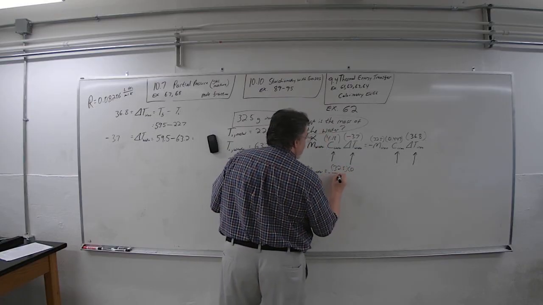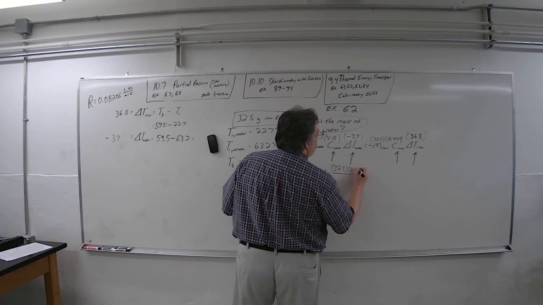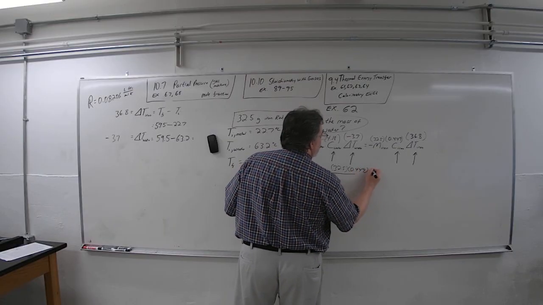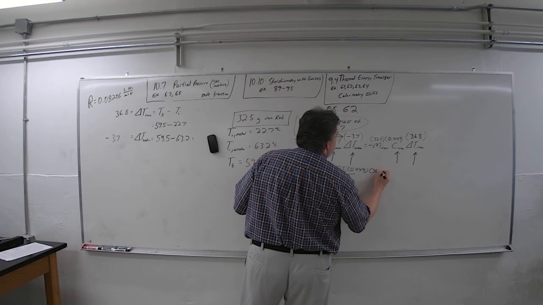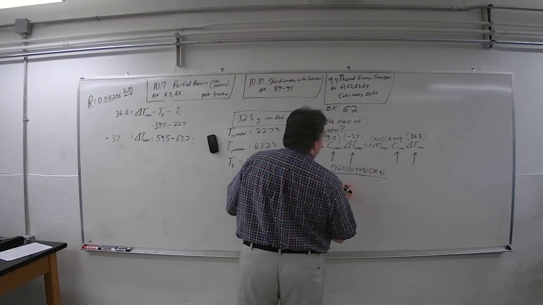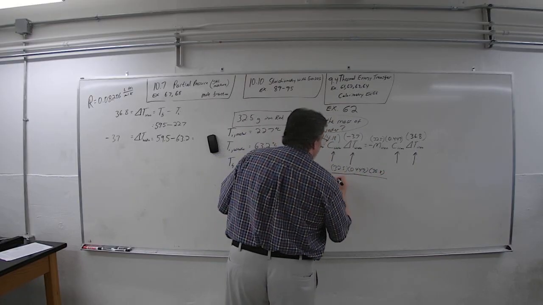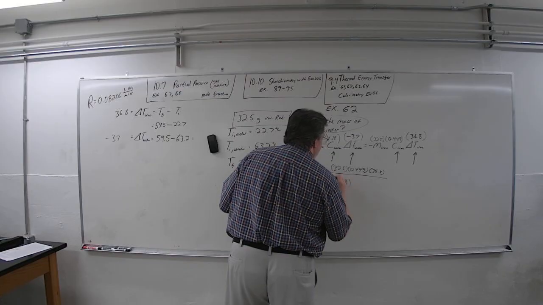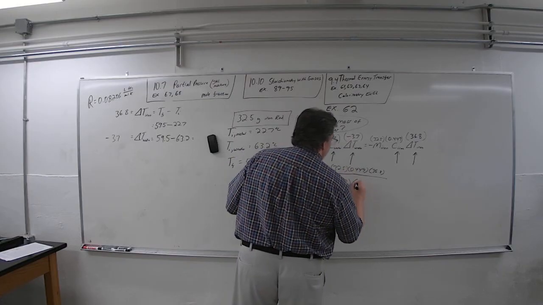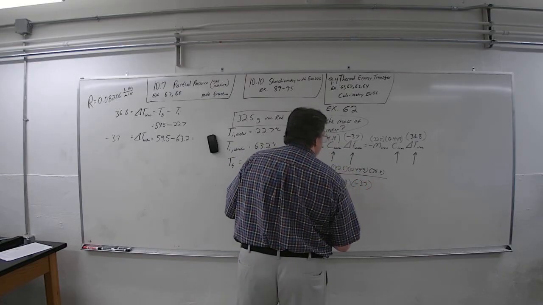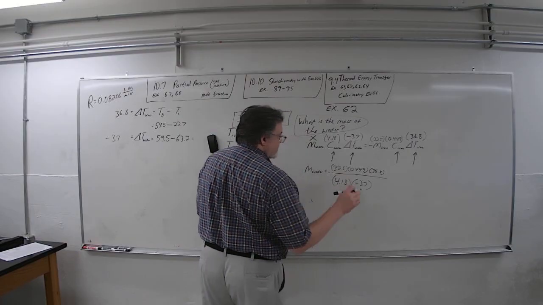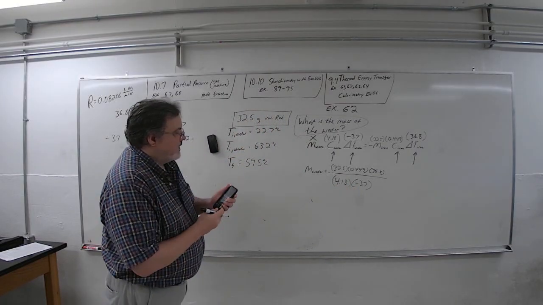There is a negative sign here. 0.449, 36.8. Divide by 4.18, negative 3.7. So those two negative signs just cancel each other out.